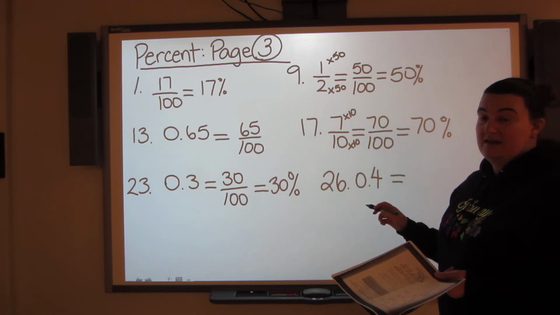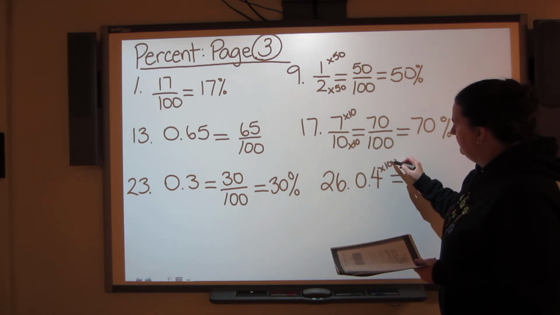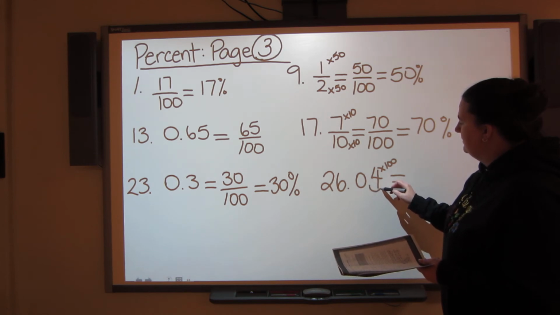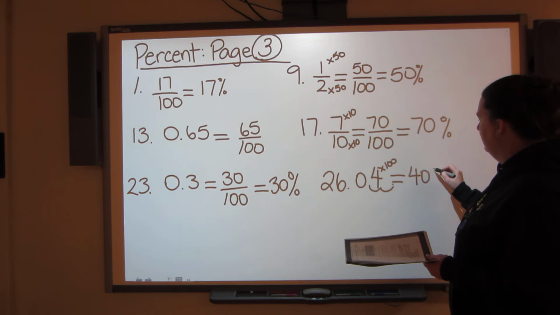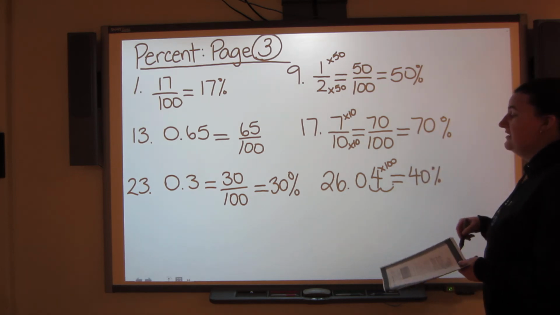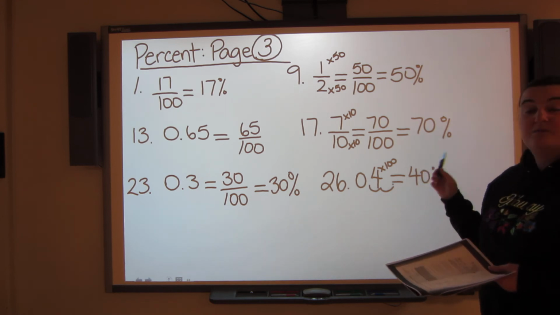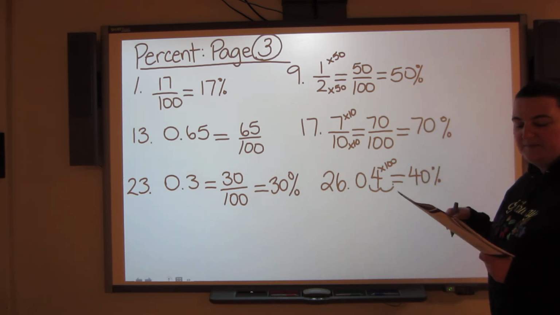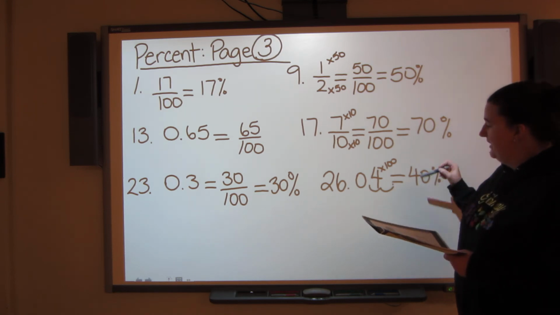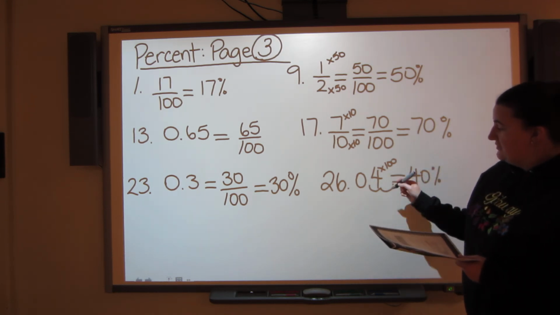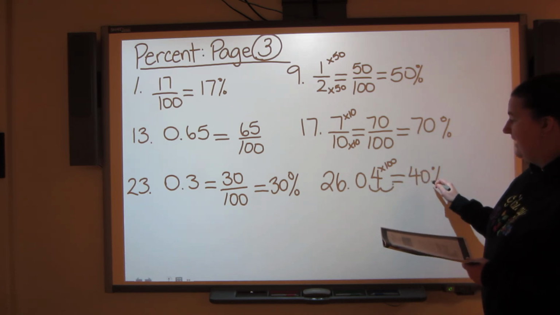Just like in the lesson, you just multiply by 100. So you're going to move that decimal 2 spots over, and now you've got 40%. So that's how you change decimals to percents. You multiply by 100. You're going to do the same thing for 26 all the way to 31. You just move that decimal 2 spots to the right to find the percentage.